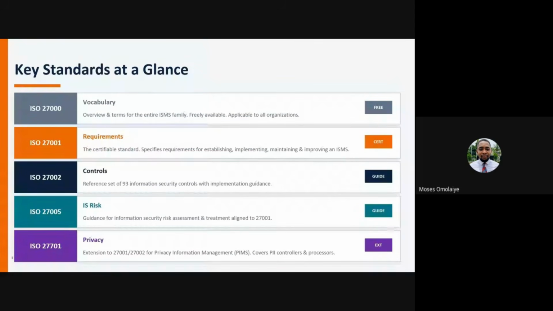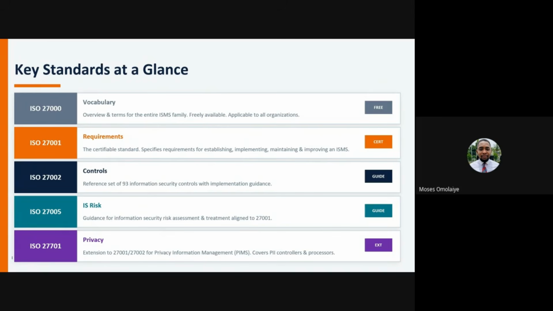So these are some key standards. We spoke about the vocabulary. We've spoken about the 27001, the requirements document for your ISMS. 27002 is a reference set of the 93 information security controls, and it gives you an implementation guide, like I said. And then we have the ISO 27005, which speaks to information security risk. It guides you on how to assess and treat information security risk aligned to the ISO 27001.